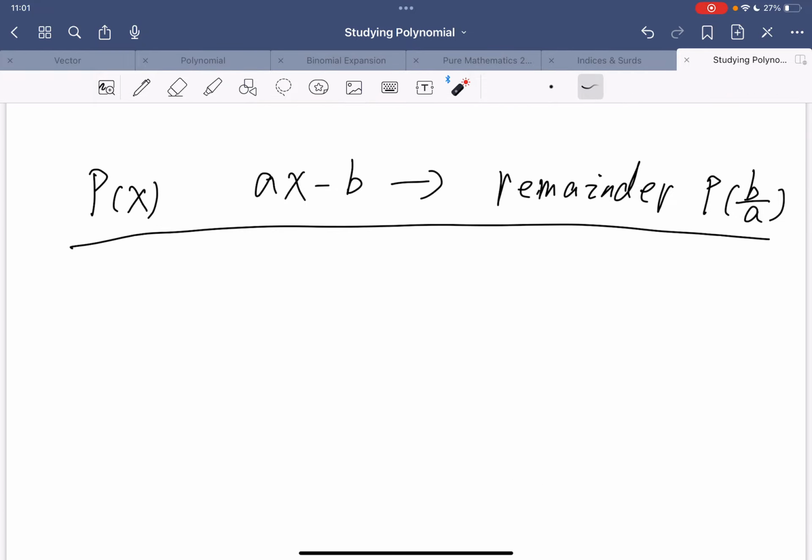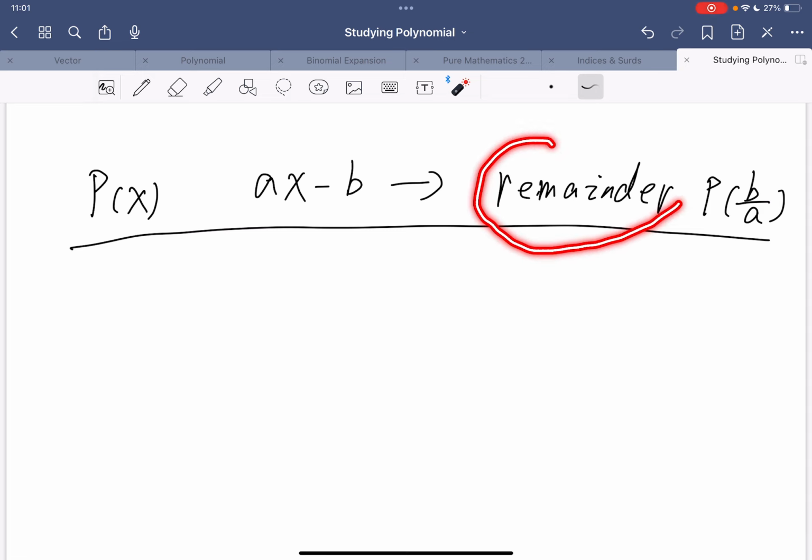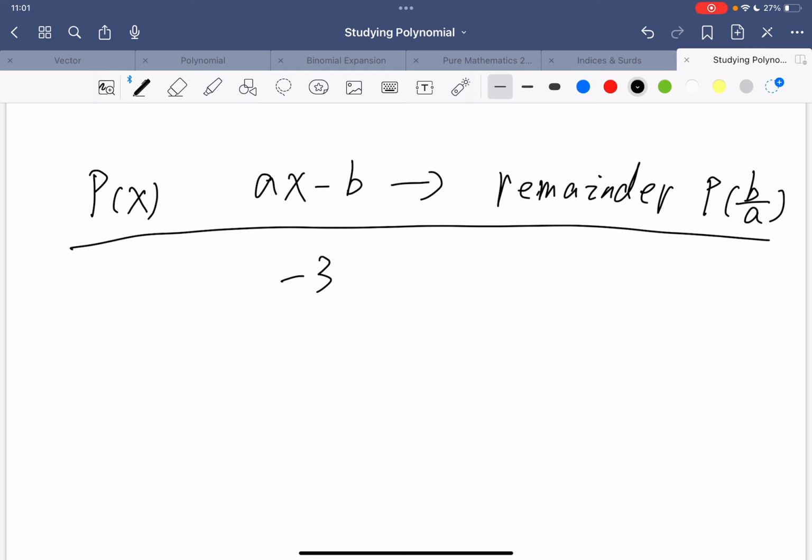if you already know the value of the remainder, okay? If the question already tells you the value of the remainder, for example, remainder equals -3, then how can we make a new expression equal to 0?